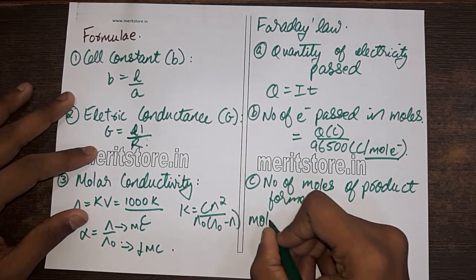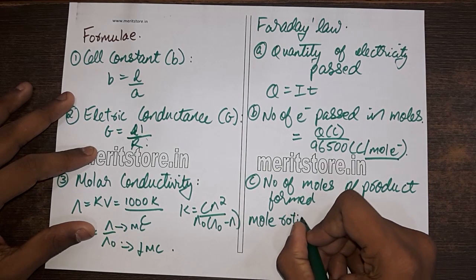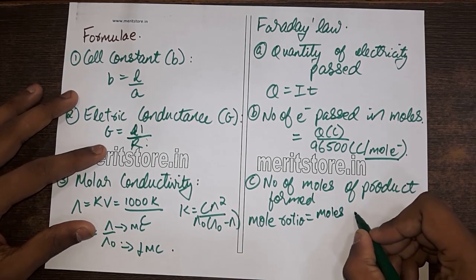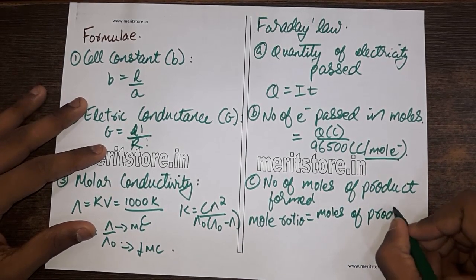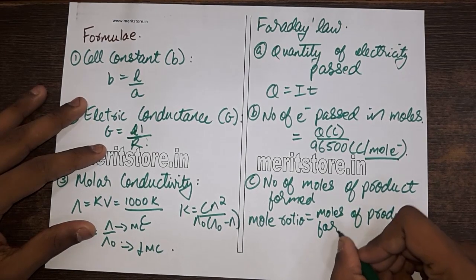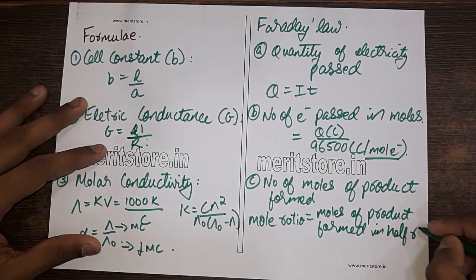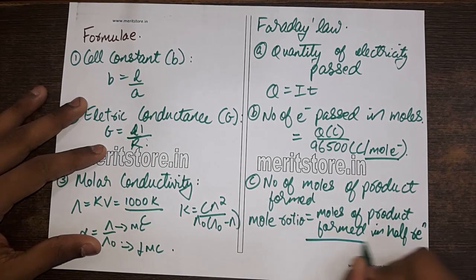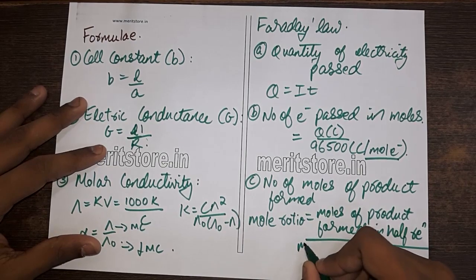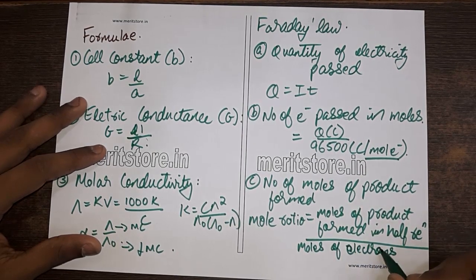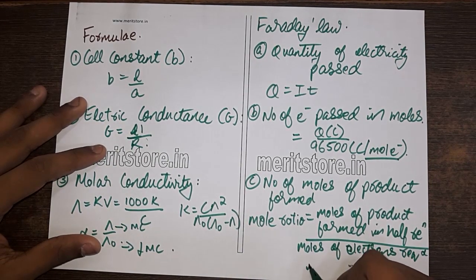Therefore, we can write mole ratio is equal to moles of product formed in half reaction upon the moles of electrons required in the half reaction.